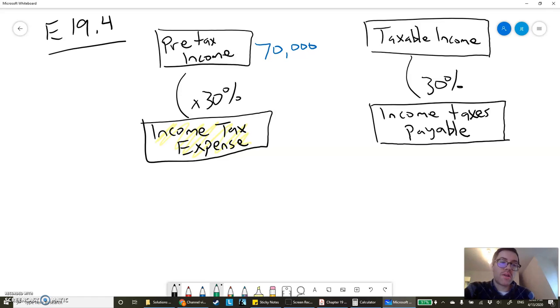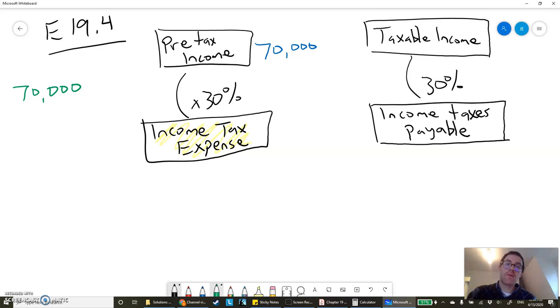Taxable income. What is that going to be? Well, let's take our pre-tax income under U.S. GAAP of 70,000, and let's convert it. We're going to look at all the differences. That's how we're going to do it. The first difference they mentioned, your depreciation on your tax return is $16,000 more than the depreciation on your income statement.